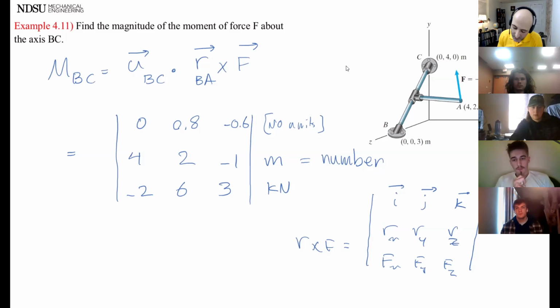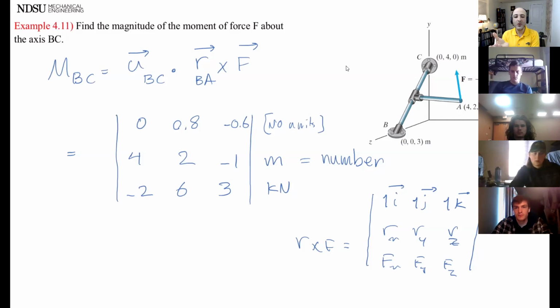Let me help you a little bit. Let me put a 1 here. This first row, aren't these the X, Y, Z unit vectors?